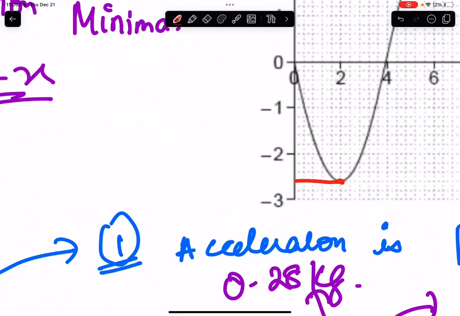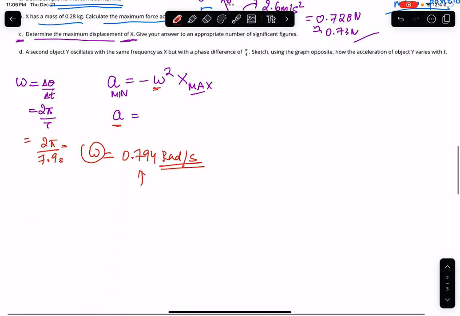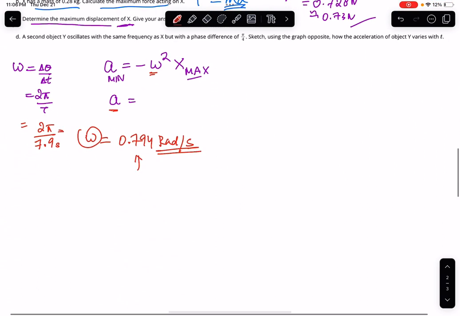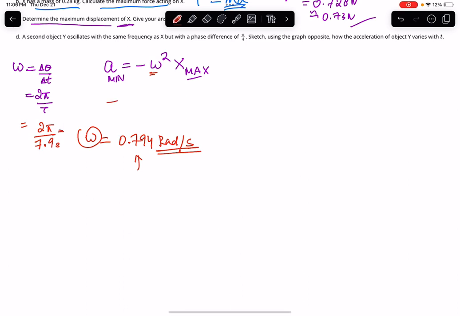This becomes our minimum acceleration, and so our minimum acceleration is negative 2.6. Therefore, negative 2.6 is equal to negative 0.794 squared multiplied by the maximum displacement.